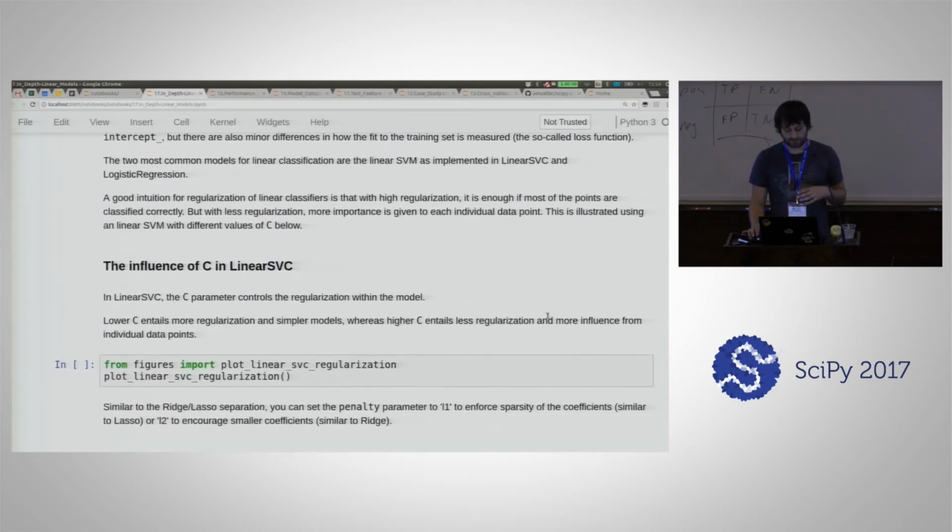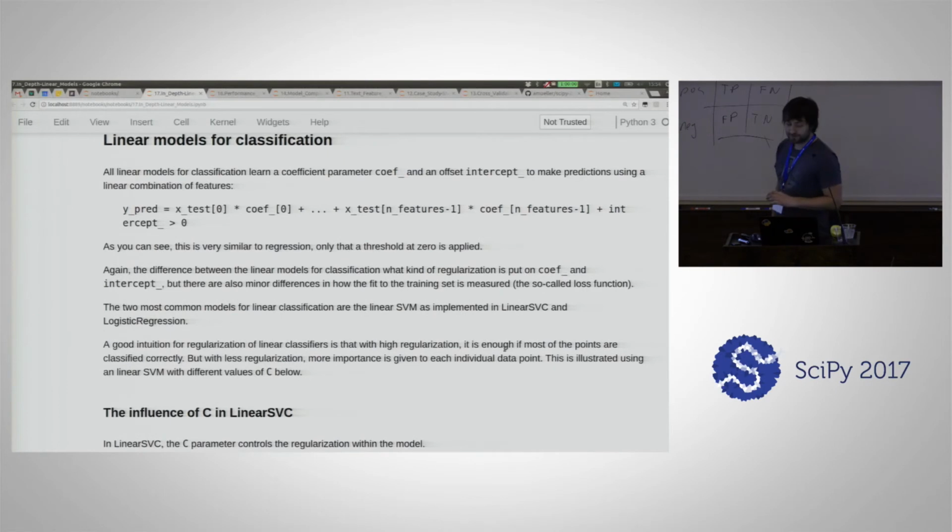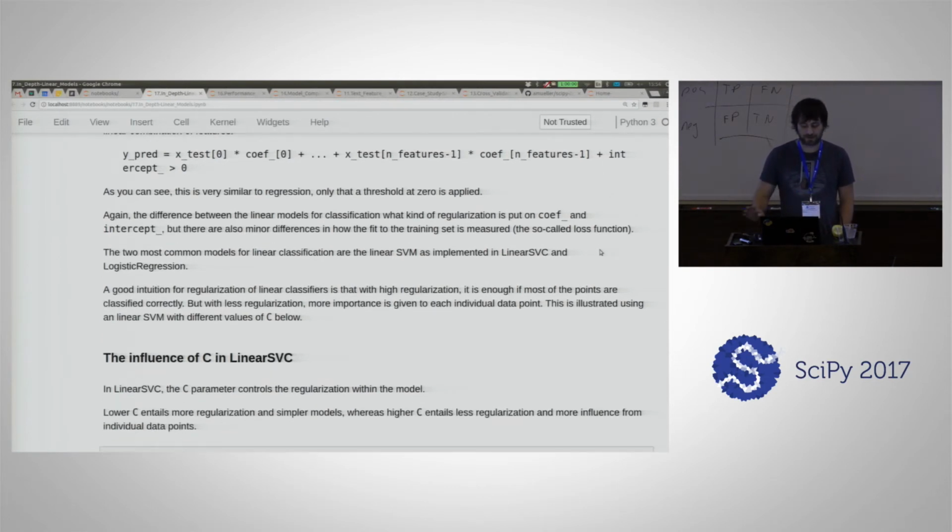They have different loss functions, but I don't think we write them out. If you're interested in the math details, one uses what's called a hinge loss, the other one uses what's called a log loss. In practice, I rarely found this to make a difference. The benefit of logistic regression is that it can estimate probabilities, while linear SVC cannot.